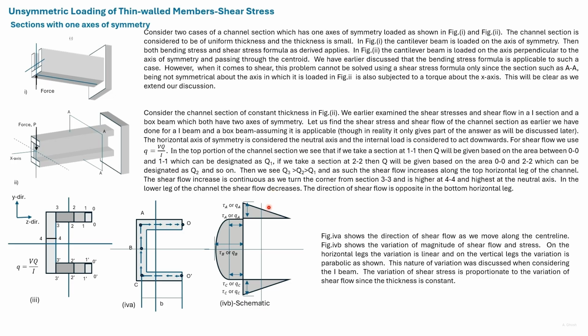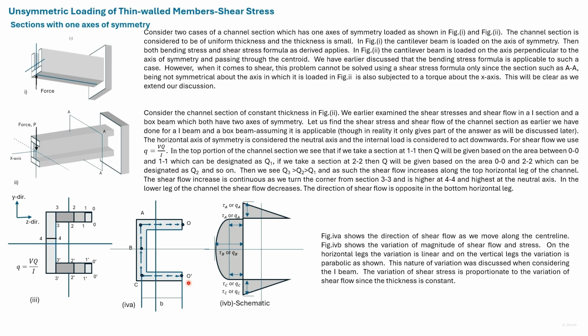When discussing an I section, we mentioned that the variation of shear stress and shear flow in the flange was linear. So from O to A, the variation of shear stress and shear flow will be linear as shown here.